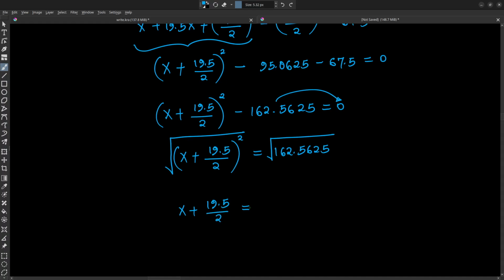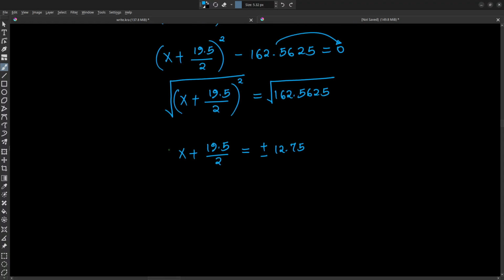And this is equal to, now the square root of a number is either plus or minus, positive or negative. So in this case, we find the square root of 162.5625, and that's going to give us 12.75.